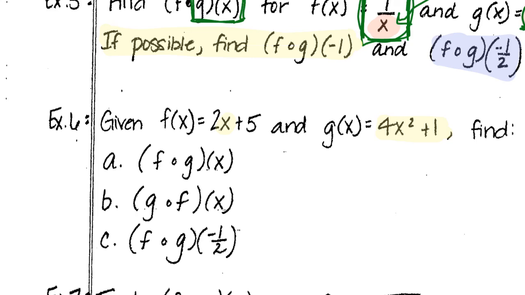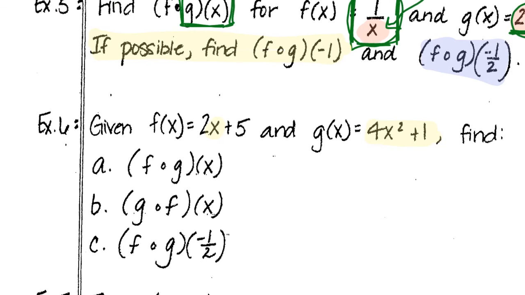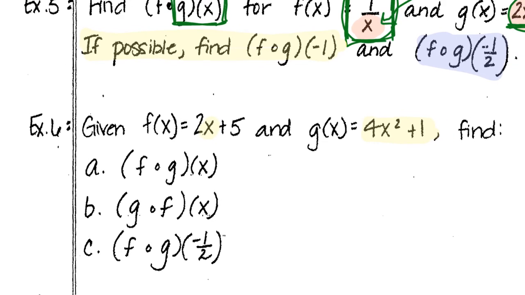What does this have to find? Oh, find the following. Meaning find A, B, and C. So we're taking the f blueprint, and instead of putting in that little x, I'm going to put in 4x squared plus 1.